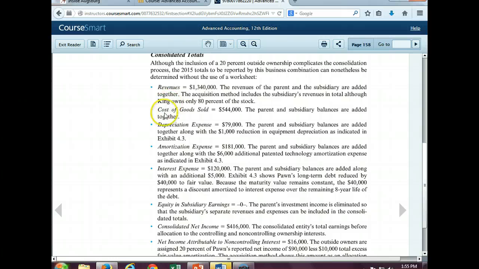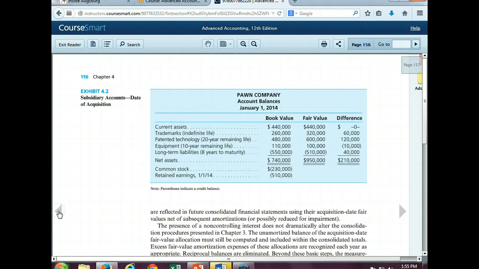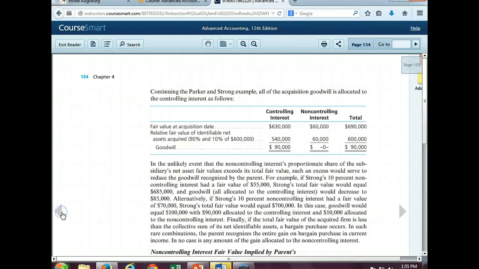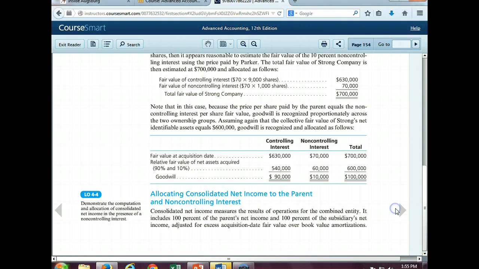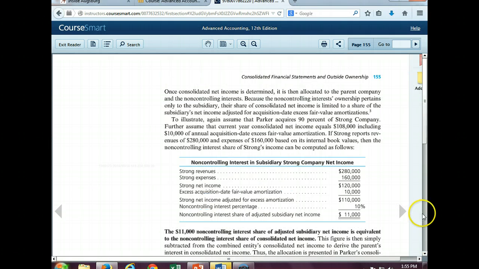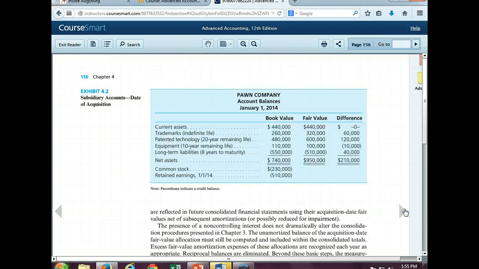So even though King's only going to show 80% of it, in the consolidated totals we're going to show the entire revenue. And basically, if we go back to the revenue section here, let's find it, where it shows the revenues of both companies. Let's see.